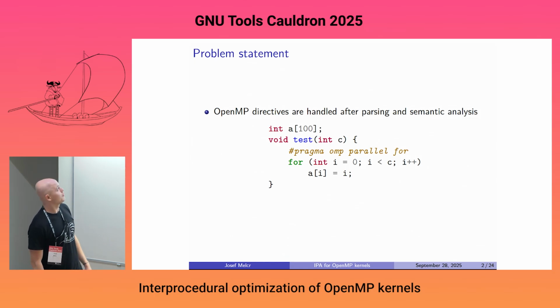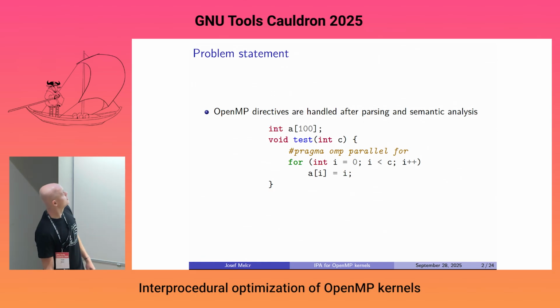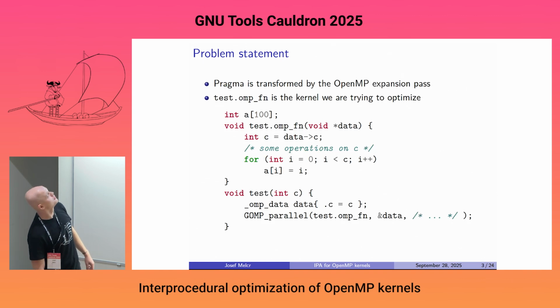Now, how is this actually being processed? When the pragma gets expanded, the for loop gets outlined into its own function, as you can see here. The kernel we are actually trying to optimize is then the function test.ompfn, which is being called by the function comparallel.